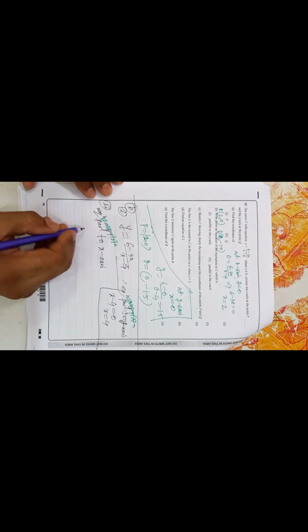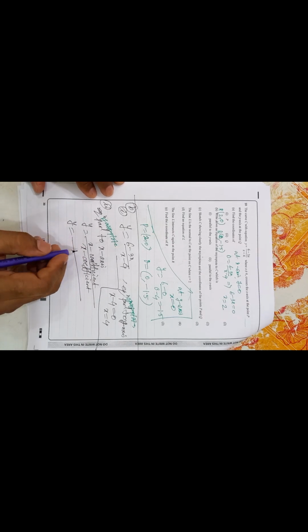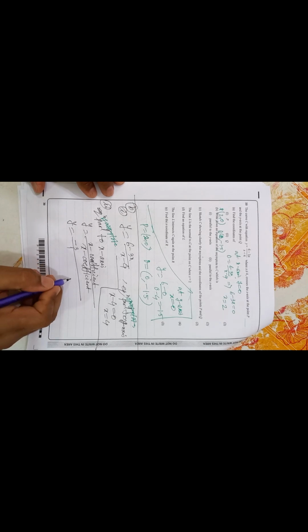What do you get? y equal to x coefficient by x coefficient. So y equal to the x coefficient in the numerator, we got negative 3, over the x coefficient in the denominator, here 1. That is, we are getting y equal to negative 3.